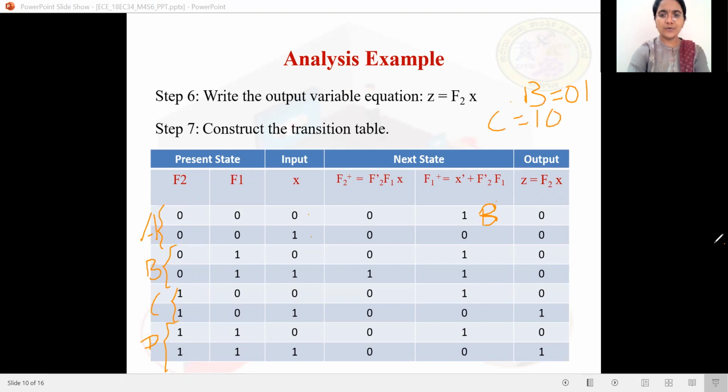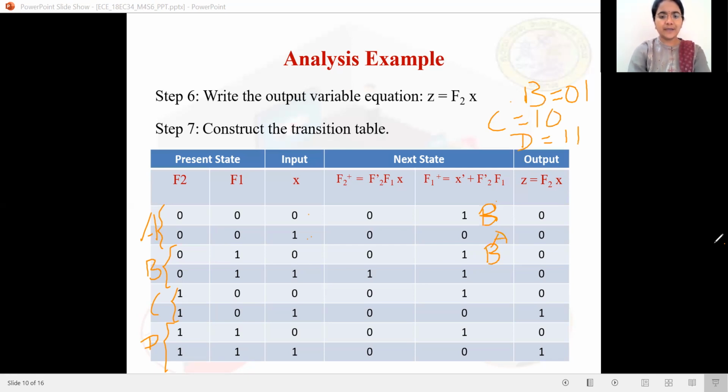For C, 1, 0. And for D, 1, 1. So when it is in present state 0 0 and x is equal to 1, it will be in the same state A. When it is in state B, that is 0 1, and x is equal to 0, it will be in the same state B. And what is the output? 0.